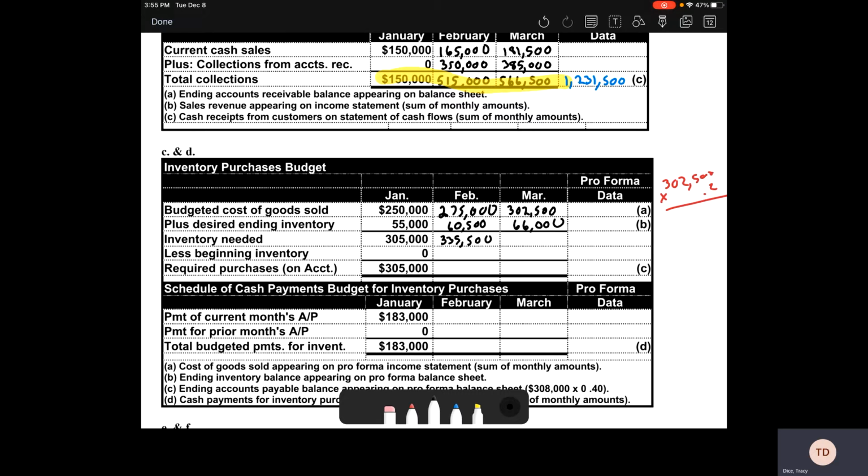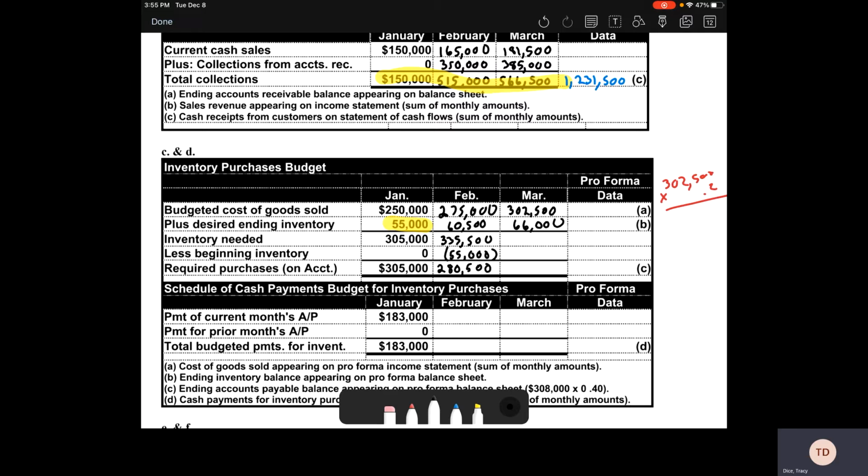We subtract our beginning inventory, which is that 55,000 from the end of January. And when we subtract that, we end up with a total required purchases for the month of February of 280,500.